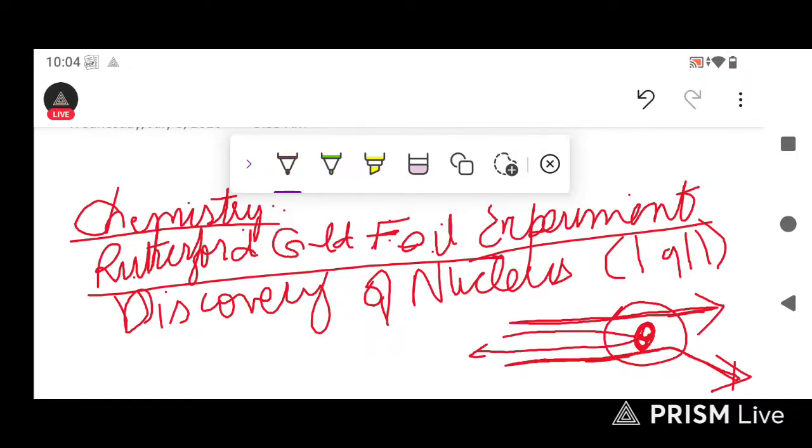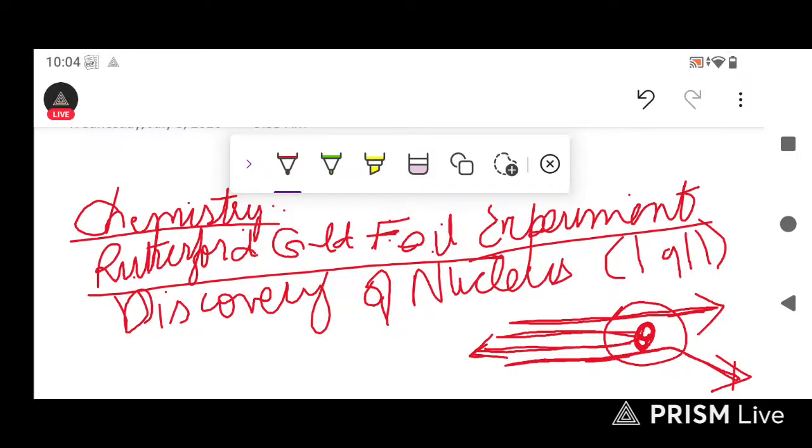So this diagram clearly shows that some particles go straight without deflection, some are deflected at a very large angle, and some bounce back. Bounce back means that after colliding with the nucleus, they move backwards.